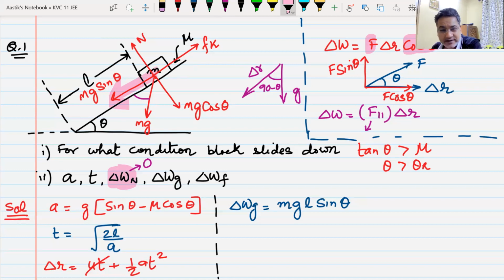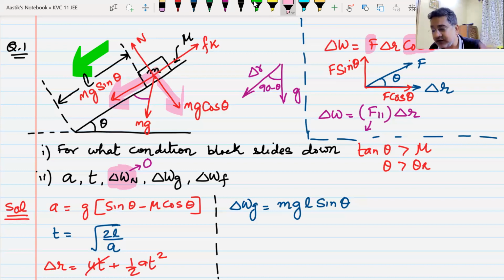You just multiply mg sin theta by your displacement and you get the work done. The mg cos theta component cannot do any work because it is perpendicular. So whenever you resolve force into two components, one parallel and one perpendicular to displacement, only the parallel component does work, the perpendicular component does no work.